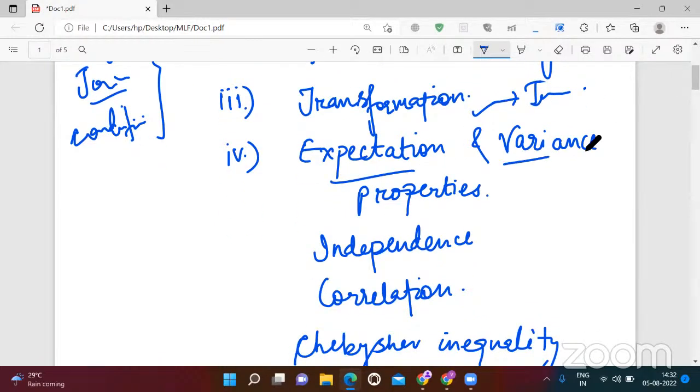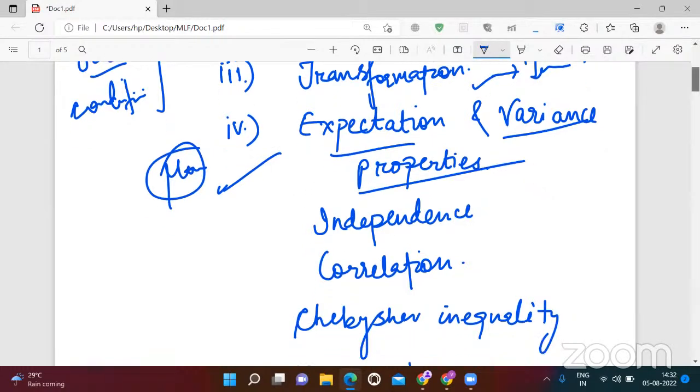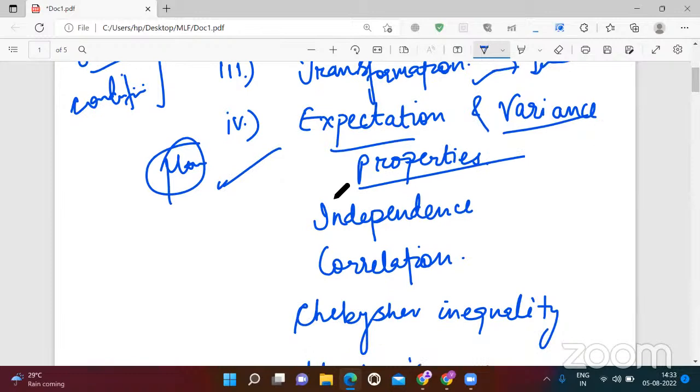And expectation and variance properties are the most important thing. If the variables are independent, how will you use the linearity property of the variance? If they are correlated, then what's the basic formula of the covariance matrix, and for the correlation also. It will be there for both continuous and discrete, or mostly continuous, I mean.